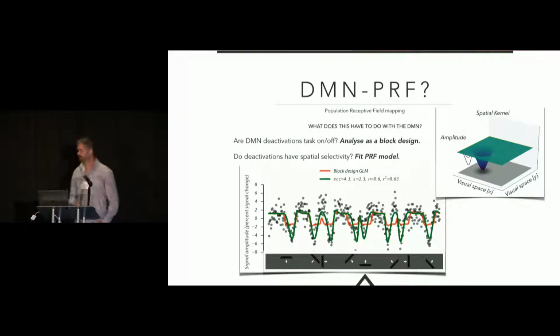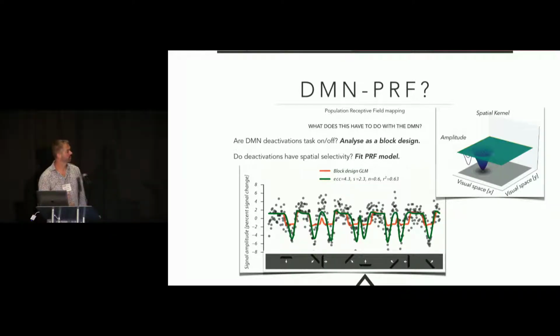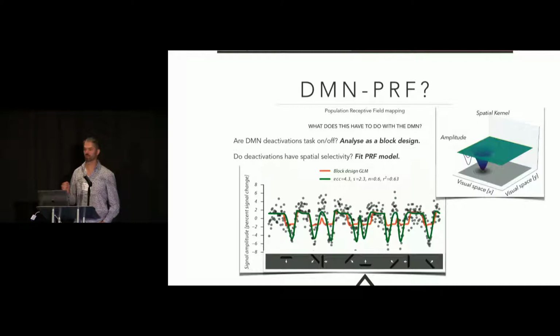If you do that, you find that you can much better get towards the precise time courses of these voxels, meaning the signal is much better explained by assuming that it's caused by a spatially specific deactivation instead of a spatially general deactivation.